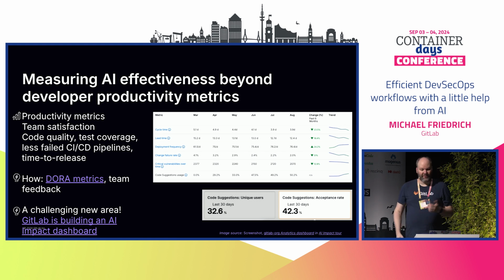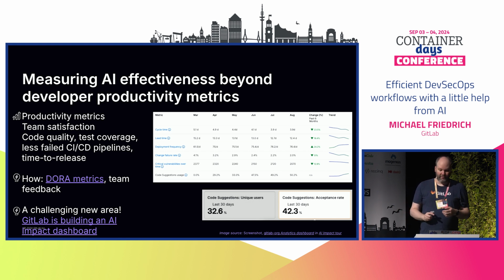I think it's an exciting new era. We are building it on our own, so I would recommend following the space, and also, when you're buying or getting an AI vendor into your environment, ask what the metrics are for measuring the effective usage or the efficiency gained by installing AI.